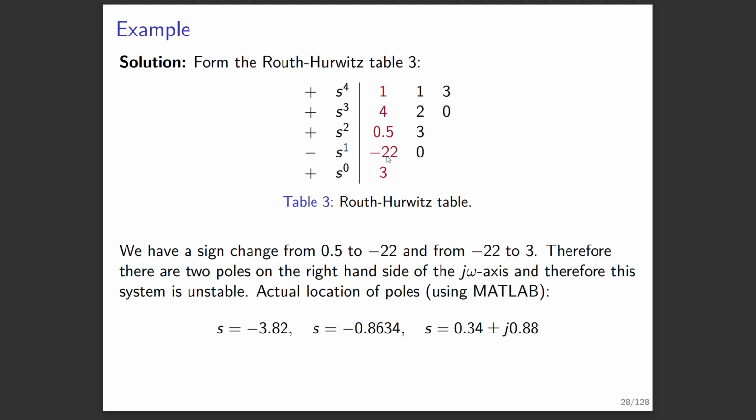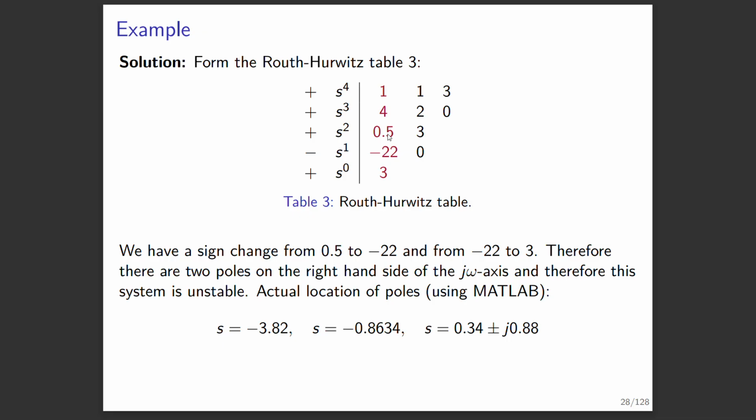Now I want to find the fourth row. I want to find this element. How would I find this element? 0.5 times 2, that would be 1. Subtract from it 3 times 4, which is 12. So 1 subtract from it 12, it's negative 11. Divide by half.